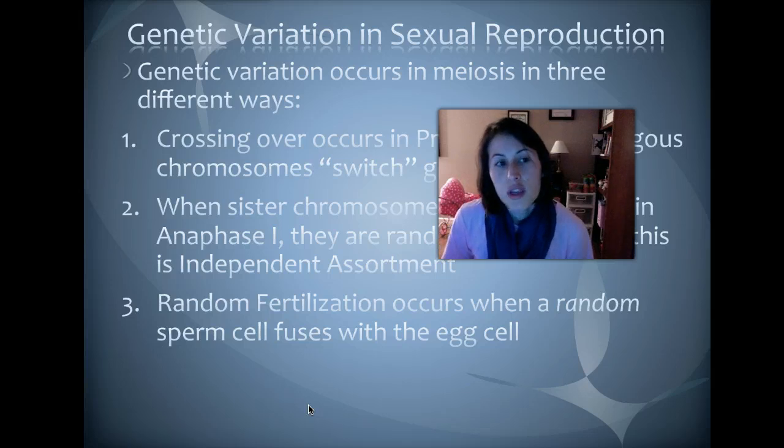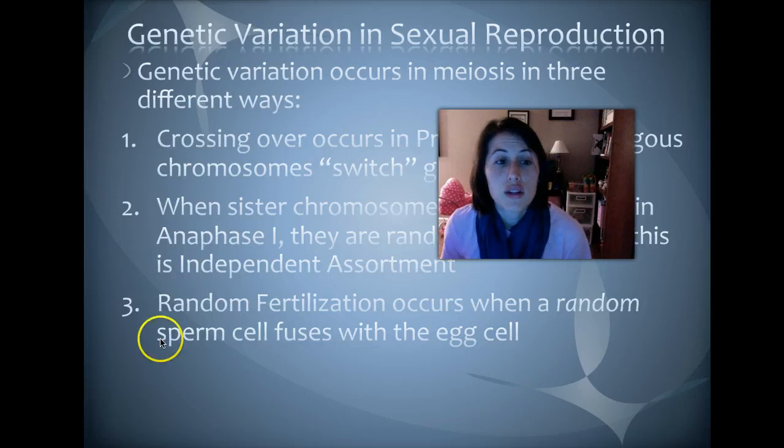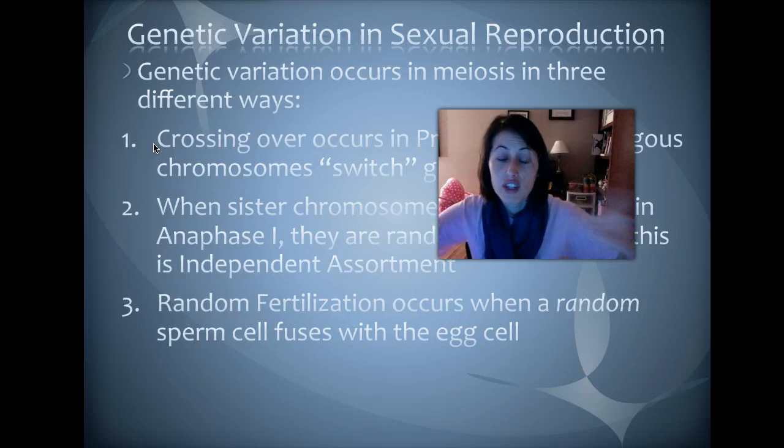So it's really important that you understand that genetic variation is possible because of sexual reproduction. Genetic variation just allows us to have so many different organisms in one population. That's why all of us look so different. It occurs because crossing over occurs in prophase 1, where homologous chromosomes that have the same type of genes but maybe different genetic information within them switch those genes during prophase 1.